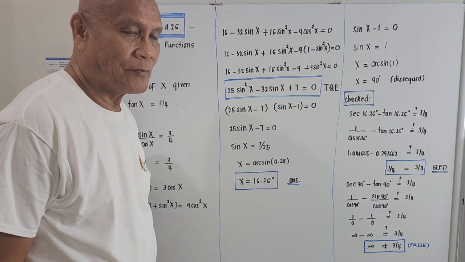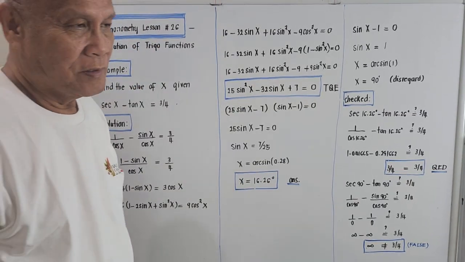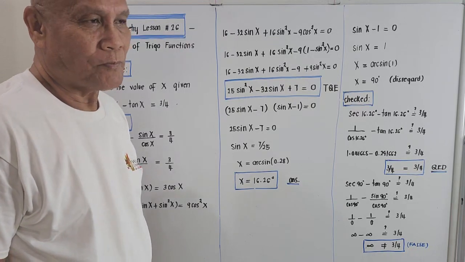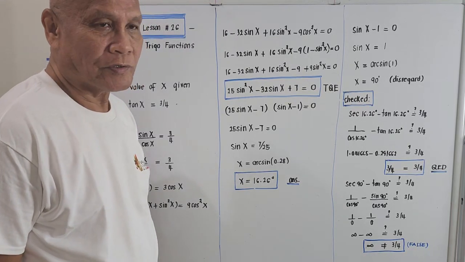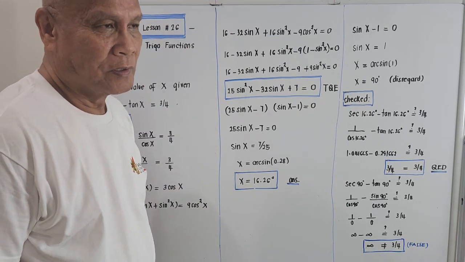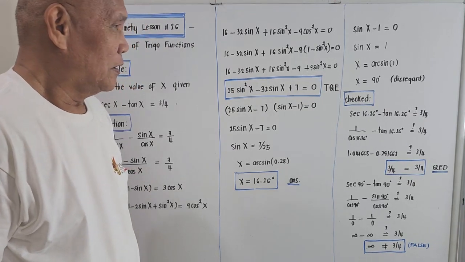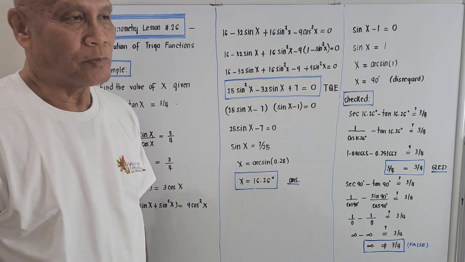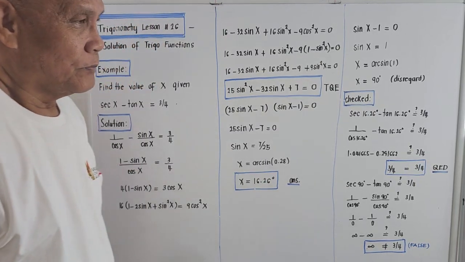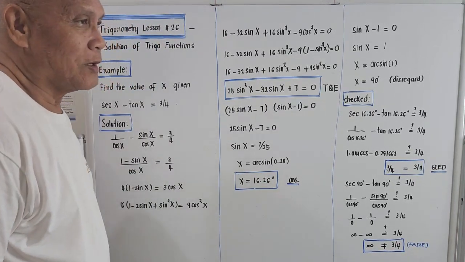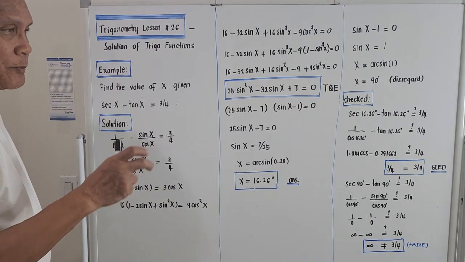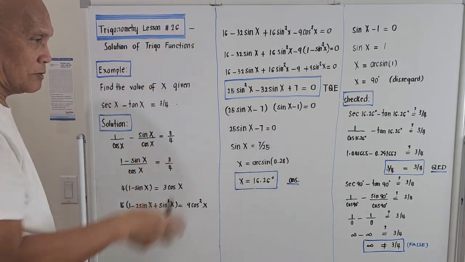If the given equation is linear, the problem is just asking for one solution. But if the problem is quadratic, of course, the solution should be 2. And if the equation is cubic, the number of unknowns might be 3. So for this morning, I will be giving an example on the solution of a trigonometric function or equation.